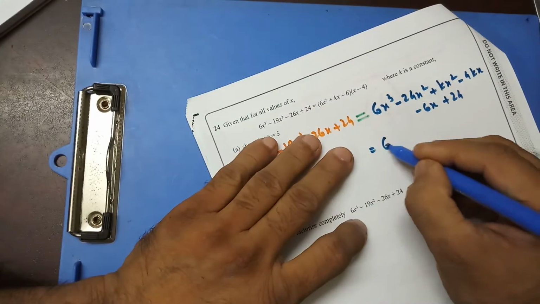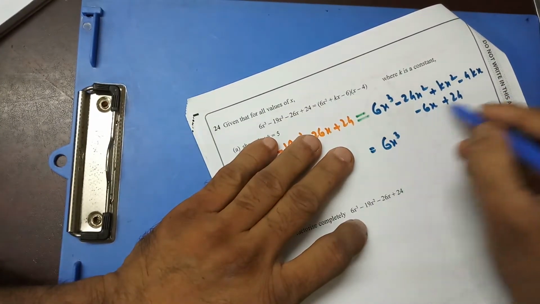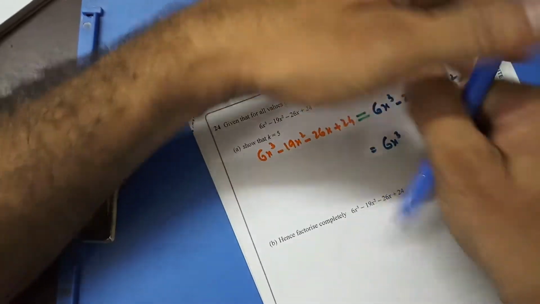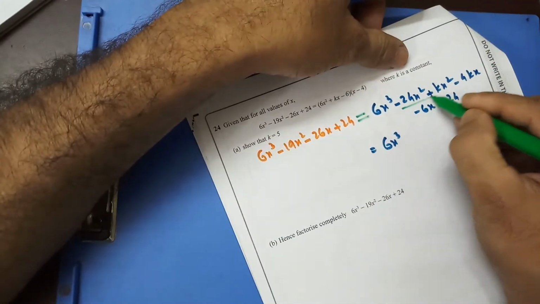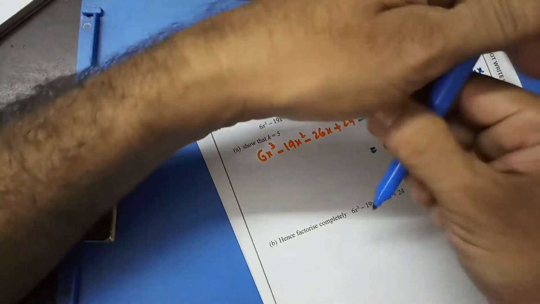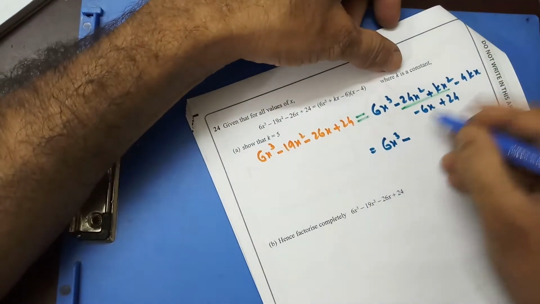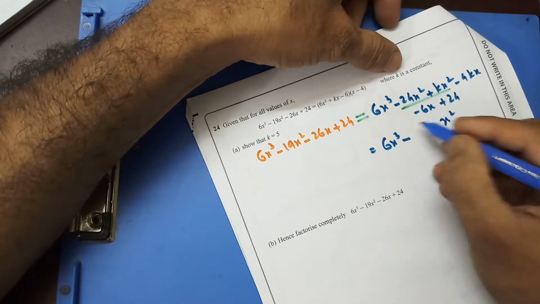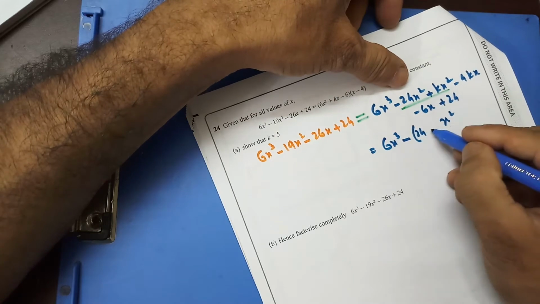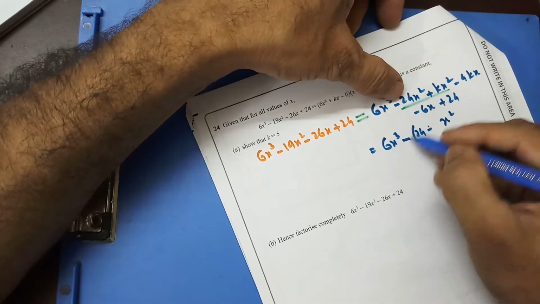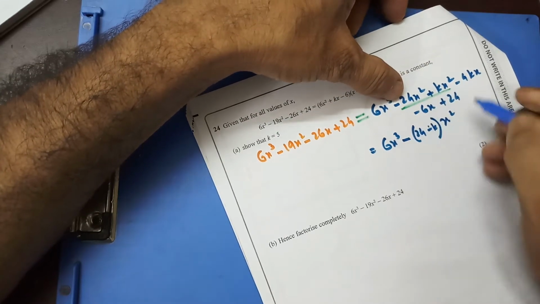So 6x cubed, there are no more terms with x cubed, but these two have x squared. They are like terms. So I'm going to take minus x squared common. So I'm going to have 24, and if I take minus outside, it's going to be minus k.